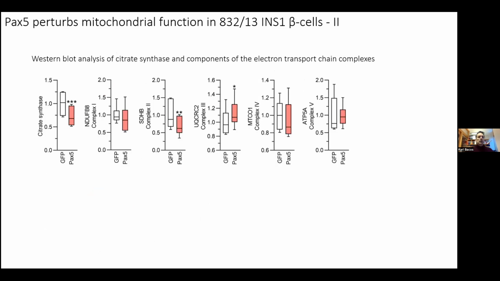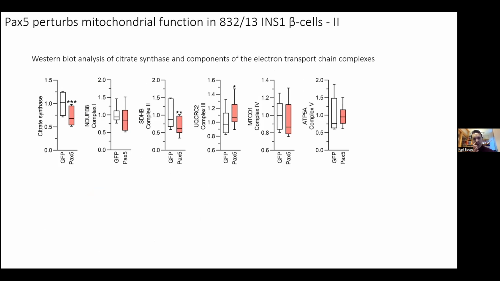One potential cause of impaired mitochondrial function is impaired expression of the enzymes involved in the TCA cycle or the electron transport chain. So we used Western blot to analyze this, and we analyzed the expression of citrate synthase, which is a TCA cycle protein, and that's reduced in PAX5 overexpressing cells.